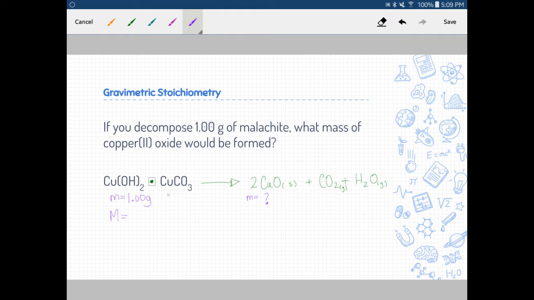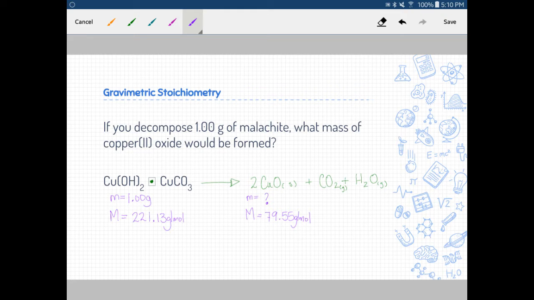However, in every other equation, you are going to need to calculate that molar mass. So in this case, our malachite molar mass is 221.13 grams per mole, and our molar mass of copper oxide, again, I'll provide this value to you, is 79.55 grams per mole.